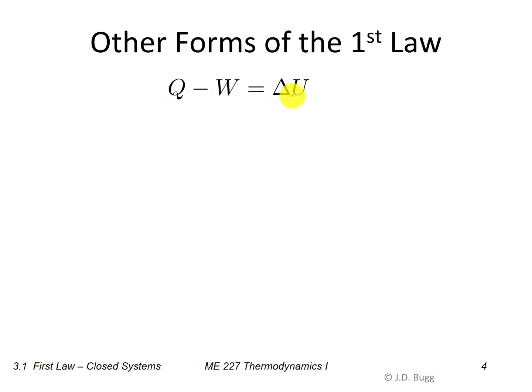So in the notation we're using in this class, those are total heat transfer, total work transfer, total change in internal energy. And when I say total, I mean they are not on a per unit mass basis. So if we were using SI units, the units of these would be kilojoules or perhaps joules.